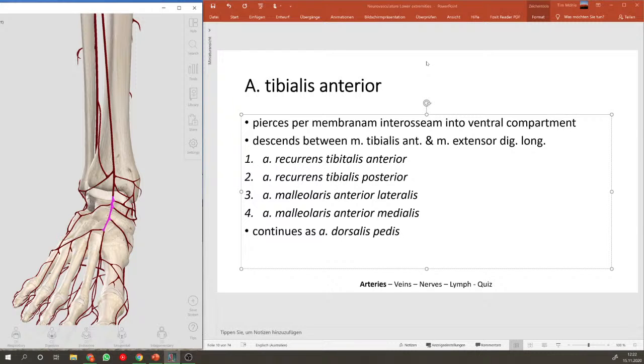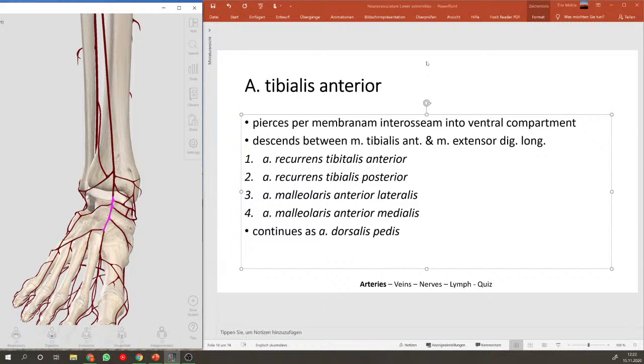So arteria metatarsalis dorsalis are these ones. They will run in the interosseous space, like here. And they will give off the arteria digitalis dorsalis pedis, so it means the dorsal digital arteries of the foot, supplying the digits of the foot.